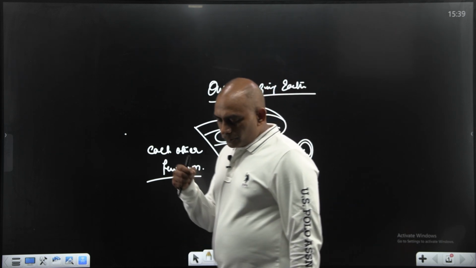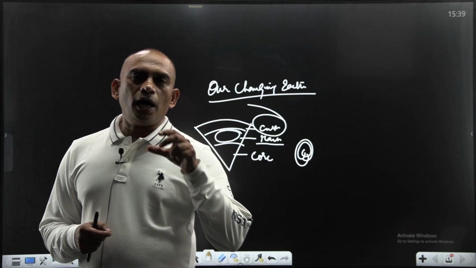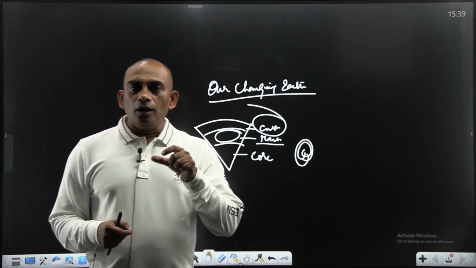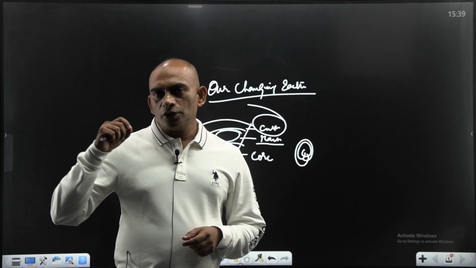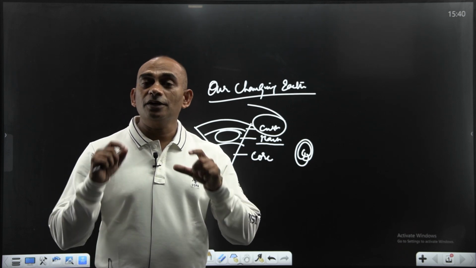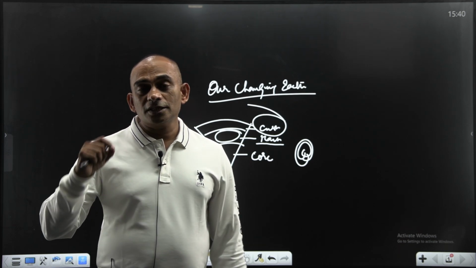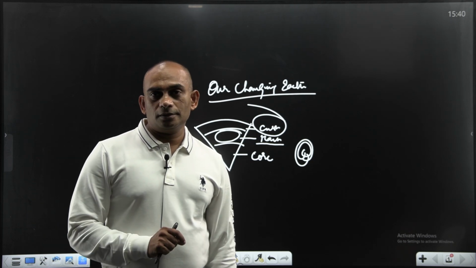When we talk about this circular movement, the process is convection. I want to use a term which is not given in this chapter, that is convectional current. Convectional currents are responsible for the movement of these plates.